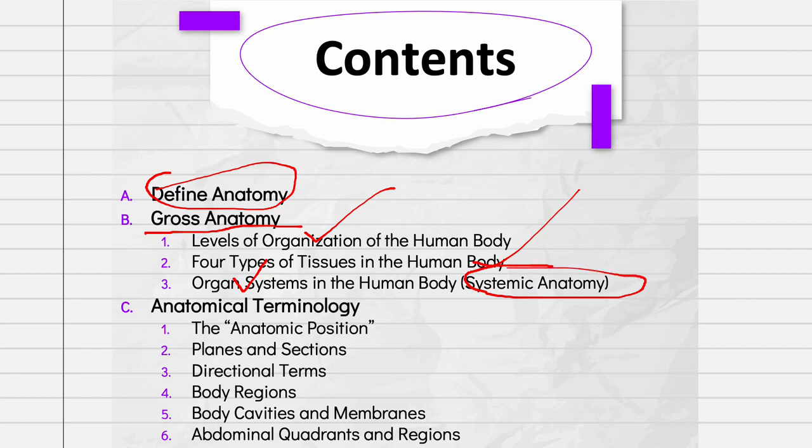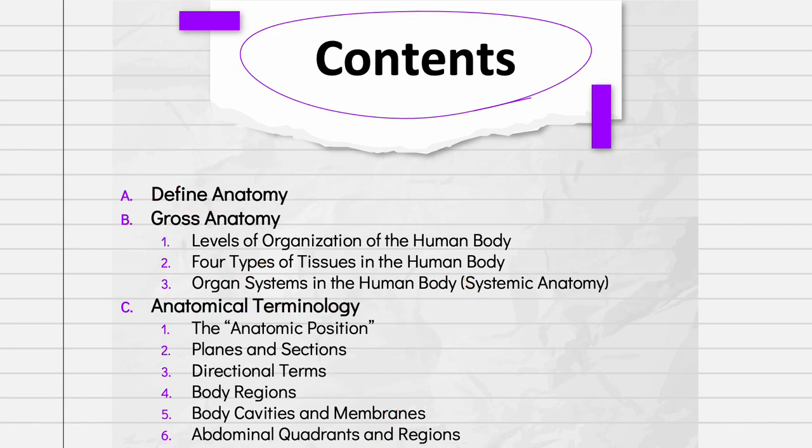And finally, we'll move to the last part, the anatomical terminology, including the anatomic position, planes and sections, directional terms, body regions, such as regional anatomy. Then we have body cavities and membranes, and finally we'll end this lecture by going through abdominal quadrants and abdominal regions. So let us go further.